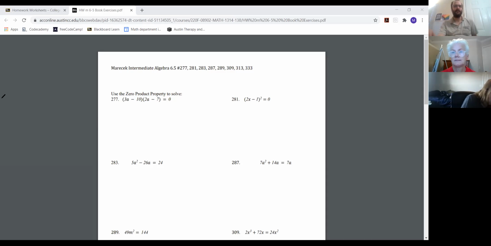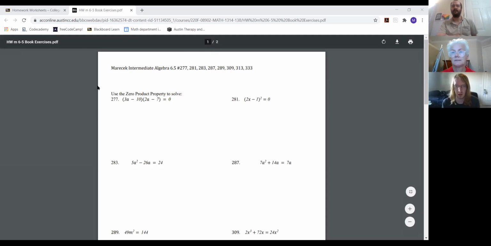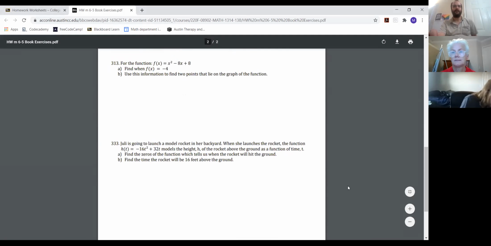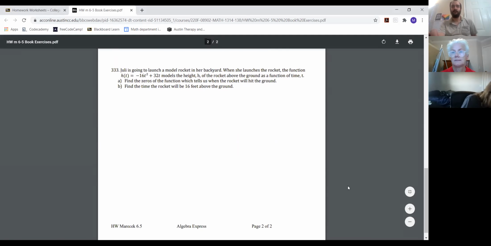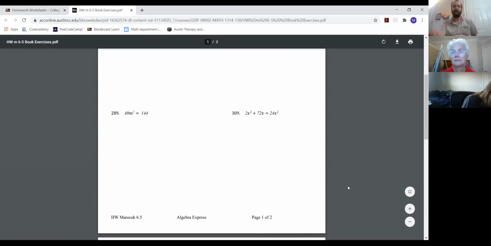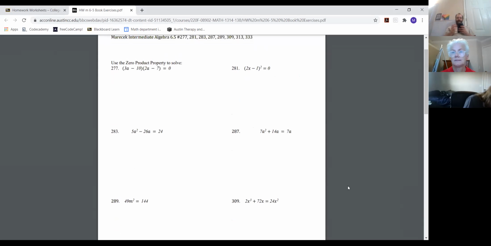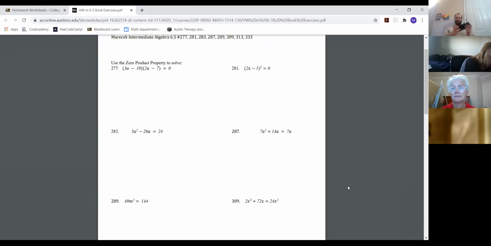She said you do all 6 of them? Is that what she said? Or 7 of them. Everything but the word problems, I think. So the 6 of them. I think the 7th one is a word problem. Yeah, I think that's right. But there's 2. Oh man. Those first 2 should be easy. Hopefully.